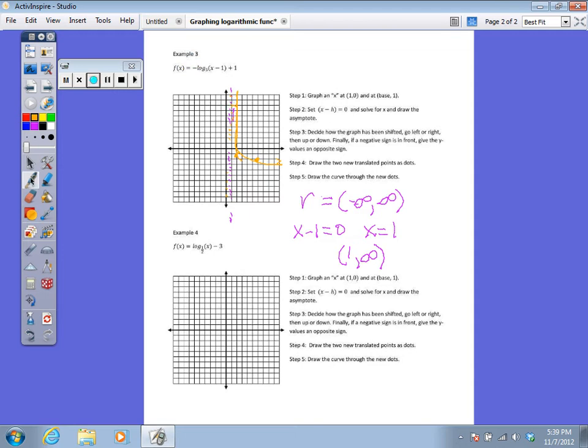Okay, we've got one more to do. This time we have a base that's a fraction. And remember when we had exponential functions and we had a base that was a fraction, then we had a decay function. And that's kind of what happens here. Normally you start off, remember, with extremely large negative values for y when you have bases that are greater than 1.